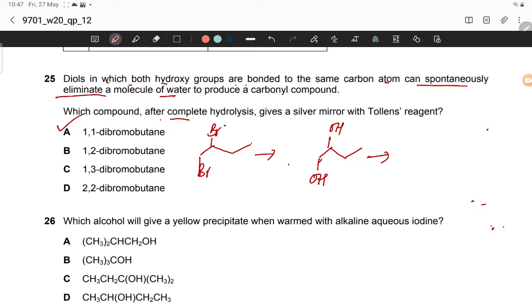This will give H. So it is not correct. OH is not present on the same carbon atom.